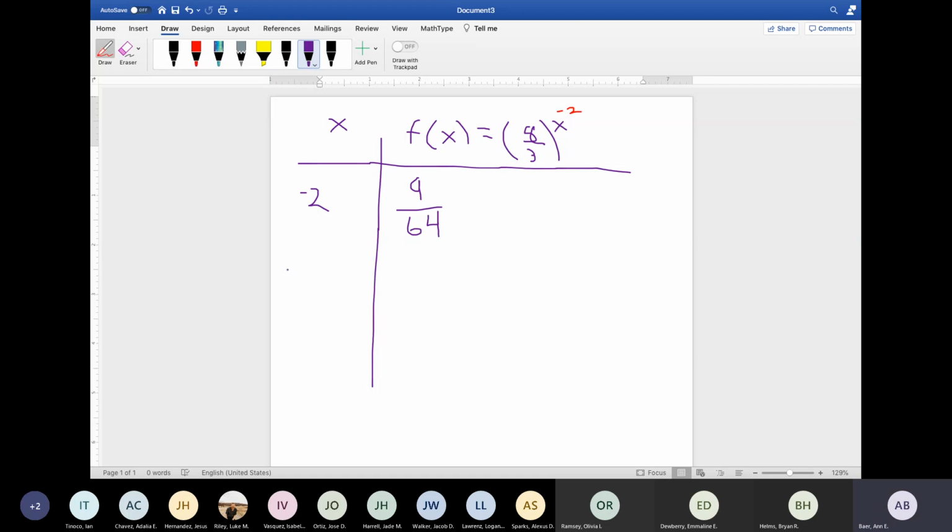We're then going to pick -1. And this time we're going to put -1 in here where this 2 is. And we're going to get parenthesis 8 divided by 3 parenthesis Mountain Peak -1.